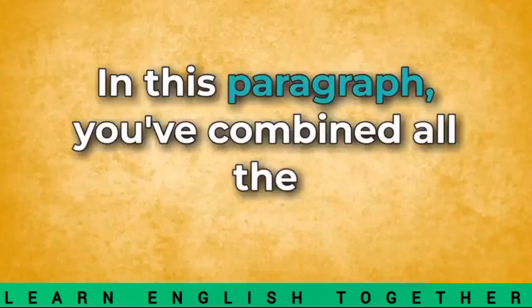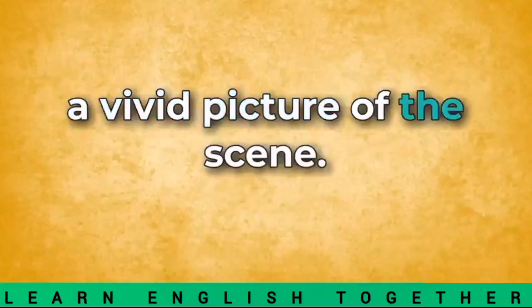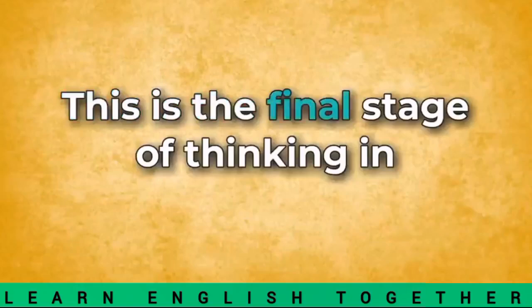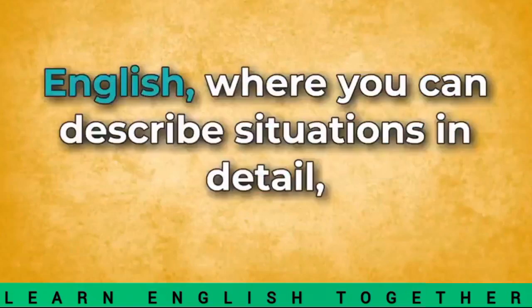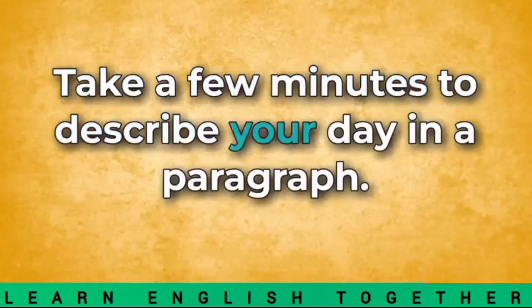In this paragraph, you've combined all the elements, verbs, nouns, and sentences to create a vivid picture of the scene. This is the final stage of thinking in English, where you can describe situations in detail, just as you would in your native language.